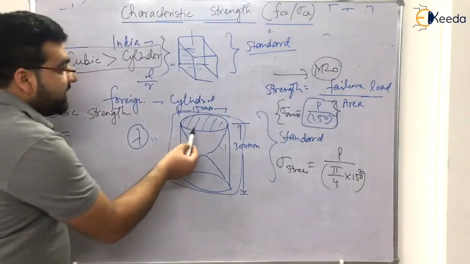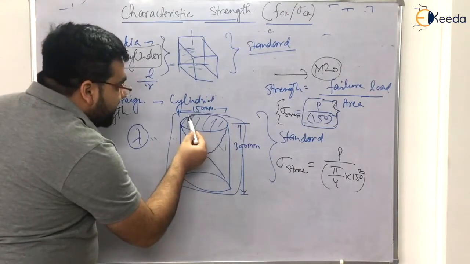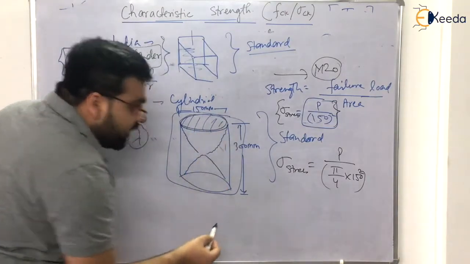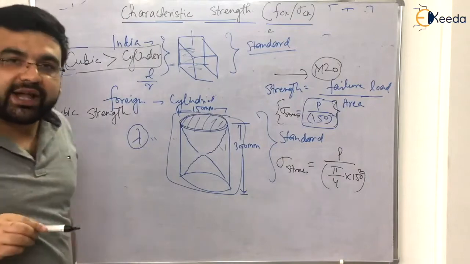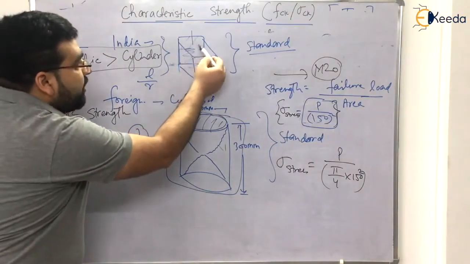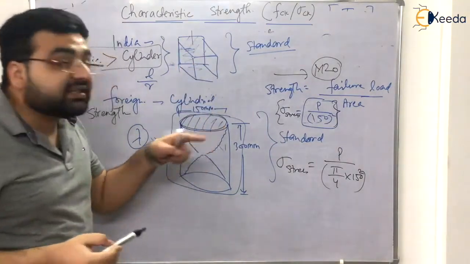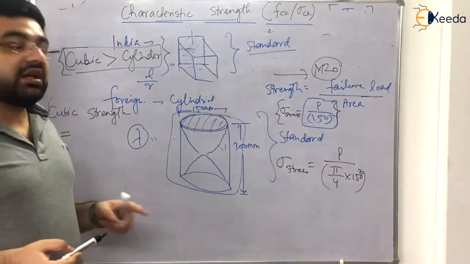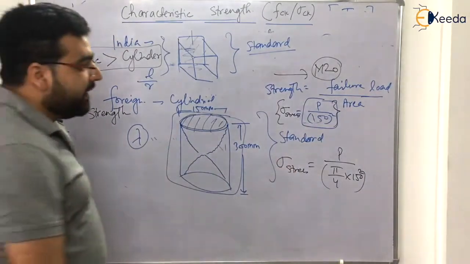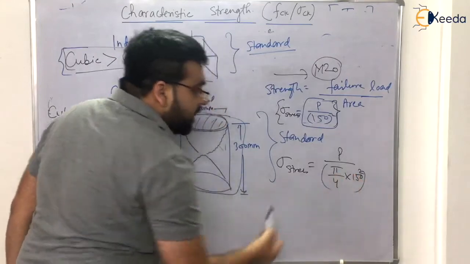Why? Because the area of the cylinder which is in contact with the upper and lower jaw is a circle, not a square. In case of a cube, it was a square. But in case of a cylinder, it is a circle. So what is the area of a circle? It is pi by 4 d square, right? So P divided by pi by 4 into 150 square.